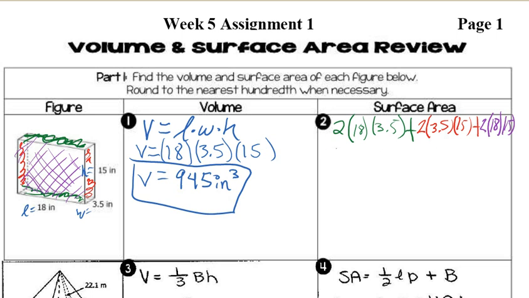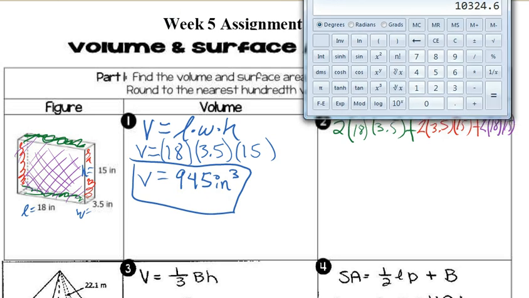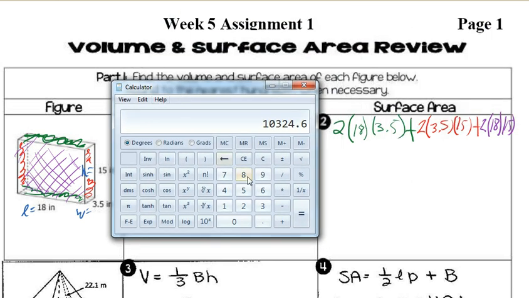I'm just going to do them one by one. So let's do the first one. So we have 2 times 18 times 3.5. 2 times 18 times 3.5 is 126.